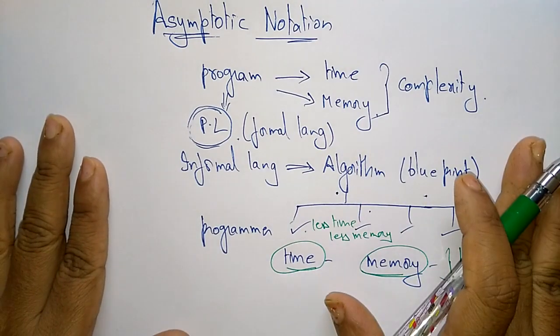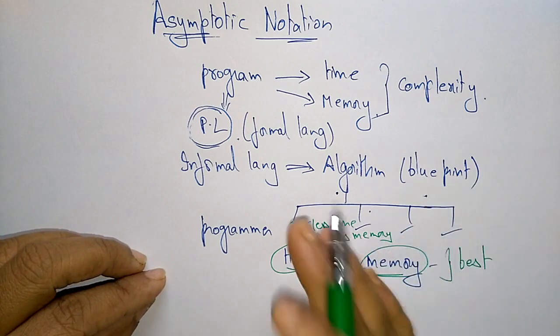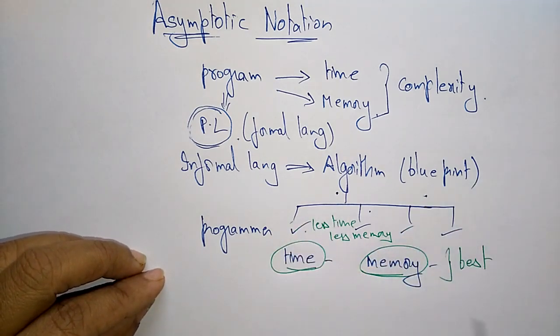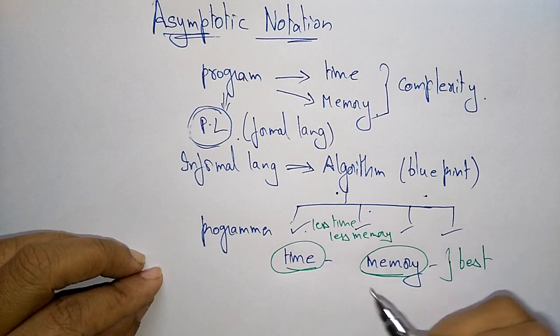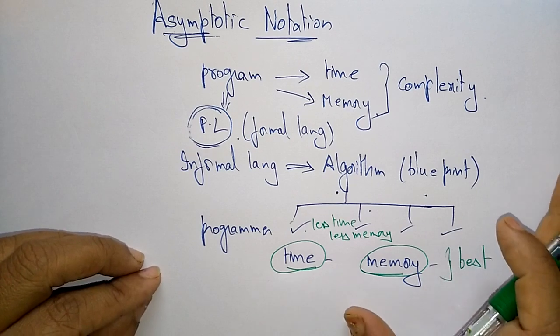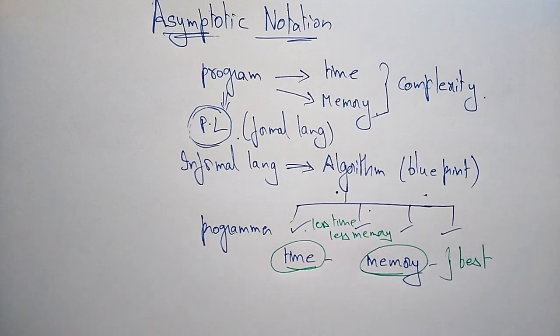The goal of analysis of algorithms is to compare algorithms mainly in terms of running time, but also in terms of memory requirements and programmer effort. Based on that we can select the best algorithm.